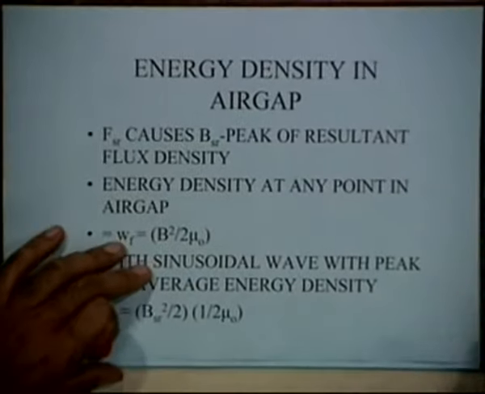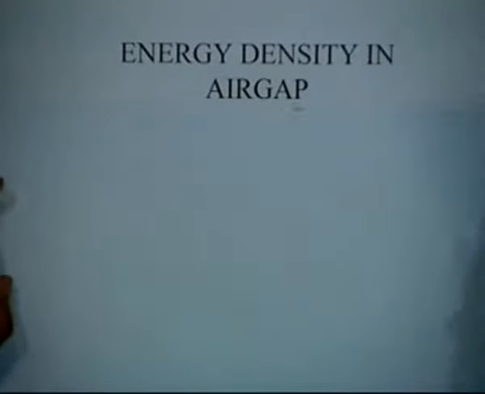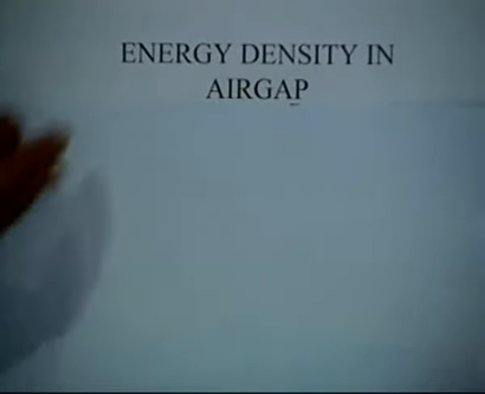Now, next what we did was we tried to identify energy density in the air gap. Now there is a net MMF in the air gap at every position in space, and that MMF is going to produce a flux density at that point, and we want to know what is the energy at that point.